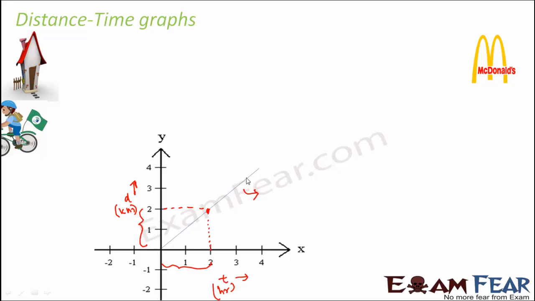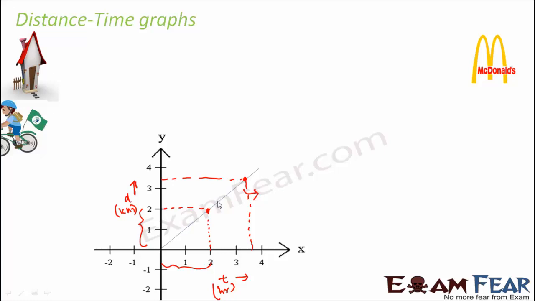Similarly, if you take this point, you join these points. This point tells us that this is 3.5. So in 3.5 hours, the object traveled 3.5 kilometers. So any point on the line gives you information about the distance traveled in a particular duration of time.